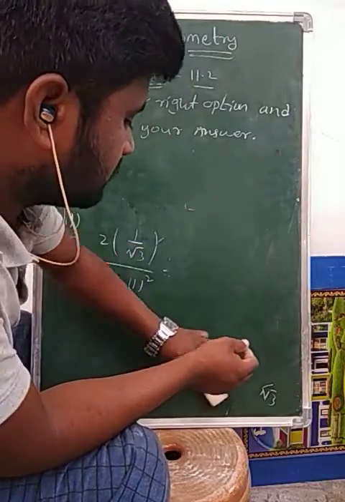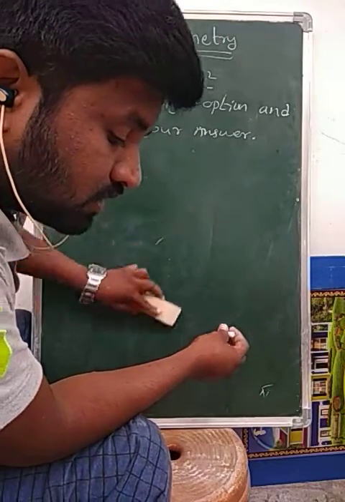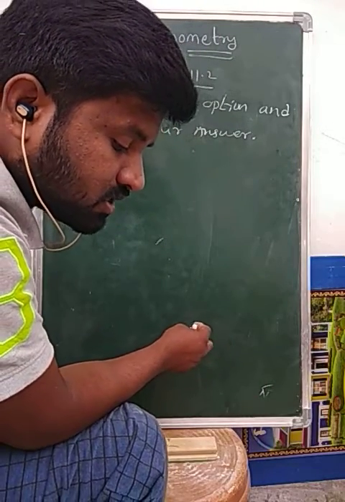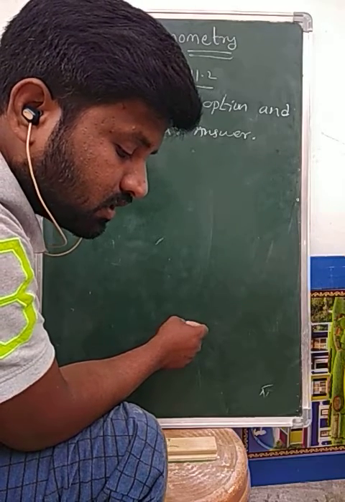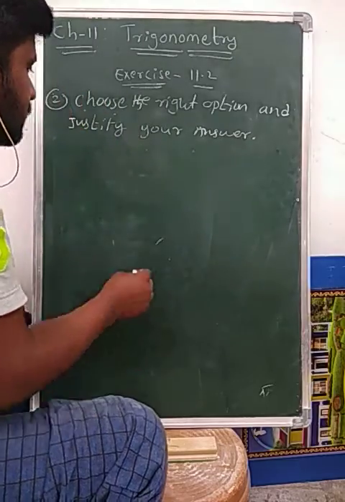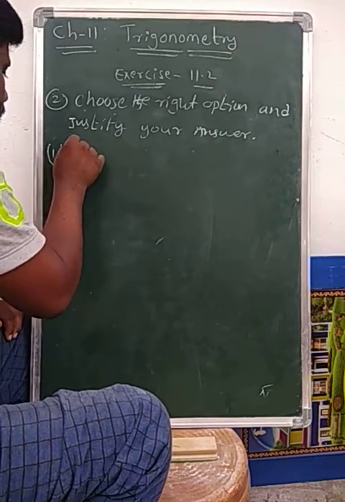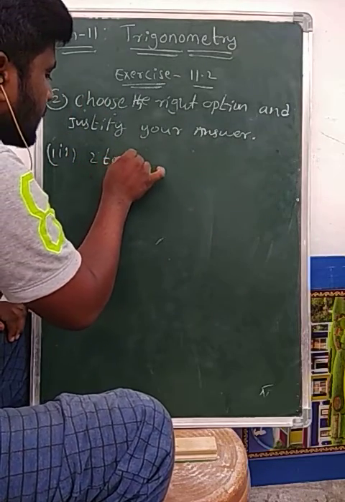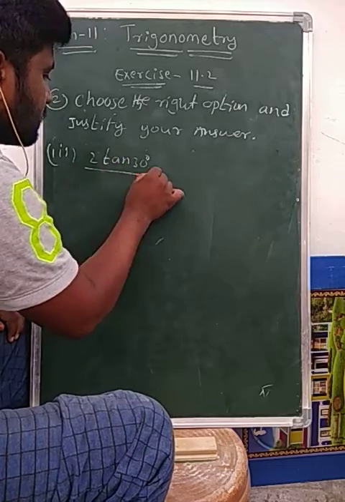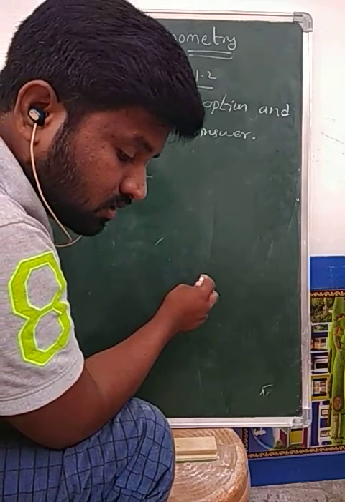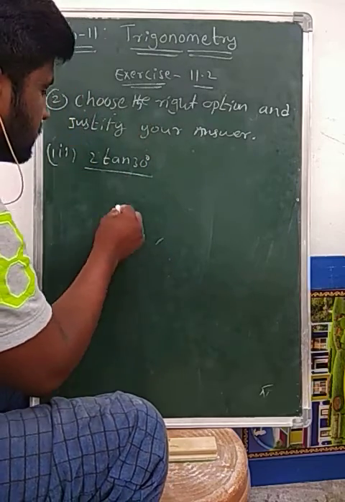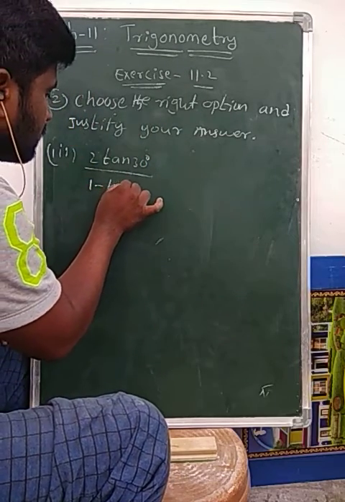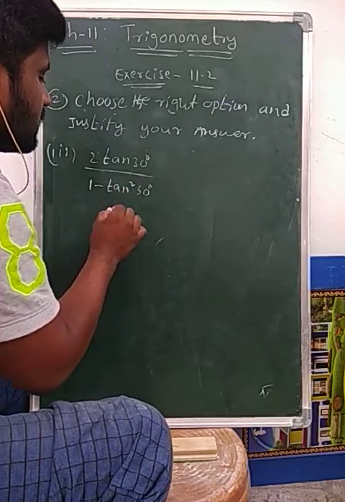The second question, take it as your work. I am taking the third one: 2 tan 30 degrees by 1 minus tan square 30 degrees.